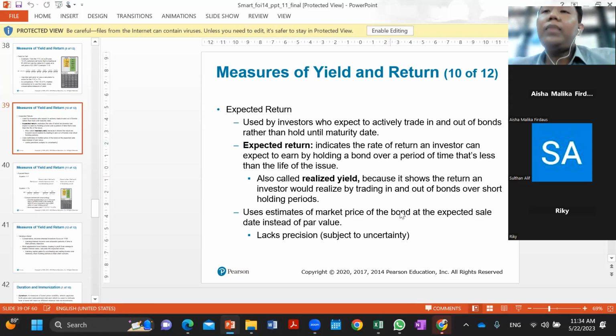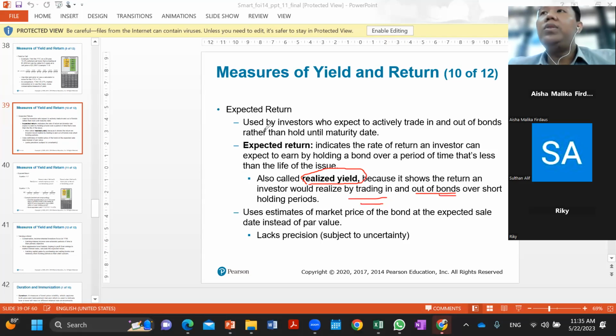Expected return indicates the rate of return an investor can expect to earn by holding a bond over a period of time that is less than the life of the issue, less than its maturity. It is also called realized yield, because it shows the return an investor would realize by trading in and out of bonds over short holding periods.